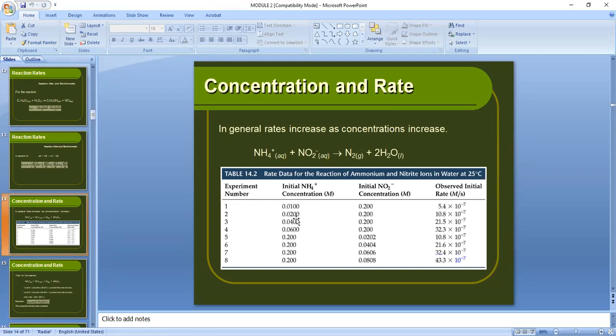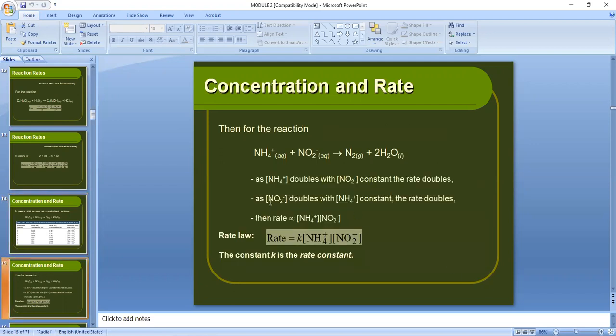Okay, this one in here, we don't see the doubling. But in this case and in this case, we are doubling the concentration of A, and more or less the rate of reaction also doubles. So that's what it meant here. So as A doubles with B kept constant, the rate doubles.